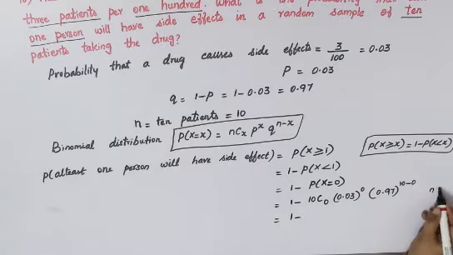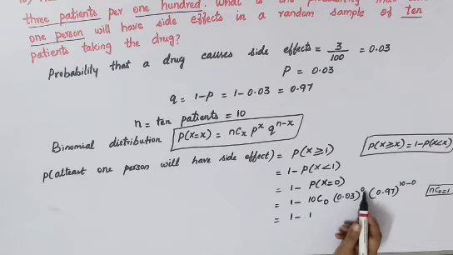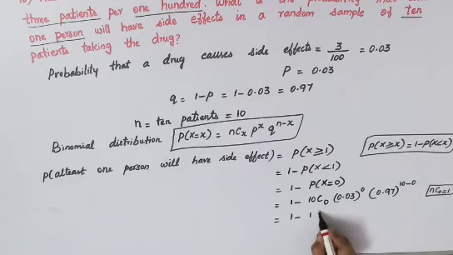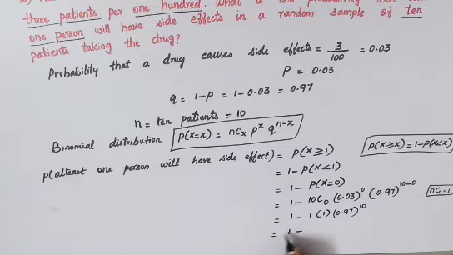We know the formula nC0 is equal to 1, so 10C0 gives 1. 0.03 the whole power 0, anything to the power 0 becomes 1, and 0.97 the whole power 10 minus 0, which is 10. So 1 minus, multiplying 1 and 1 you get 1, so 0.97 the whole power 10. With the calculator you can multiply 0.97 ten times and you get 0.7374.